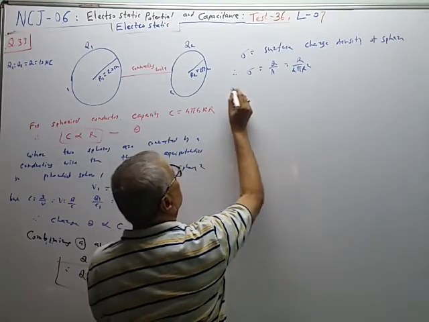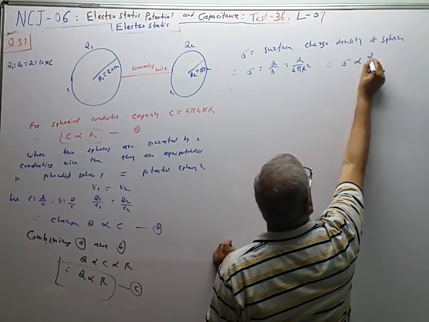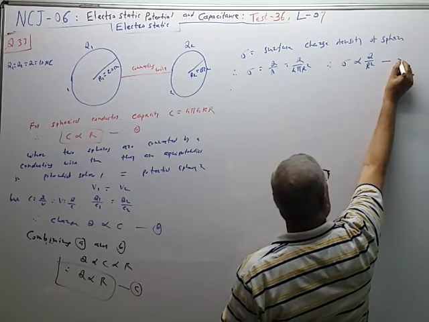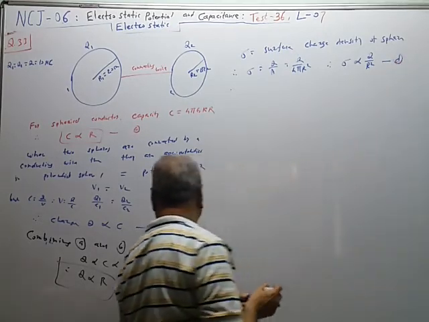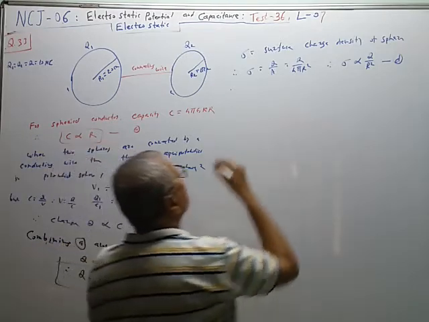Therefore, sigma is directly proportional to Q upon R square. This is equation D. Now combine C and D.